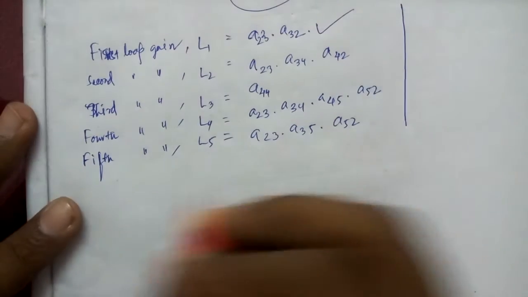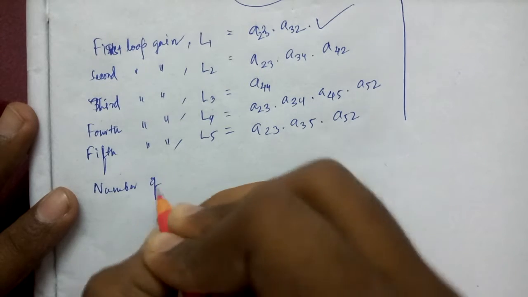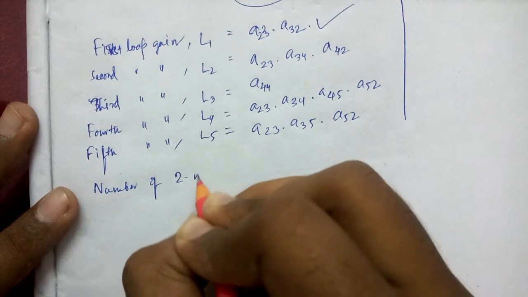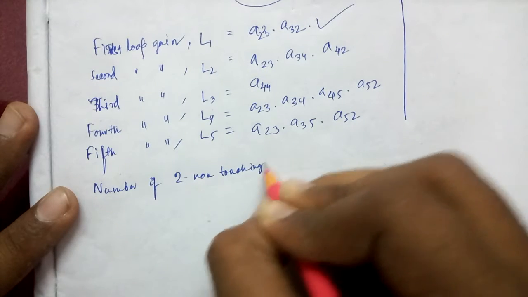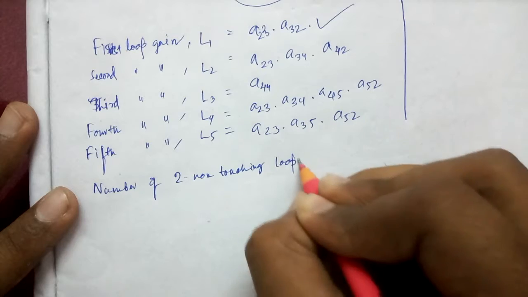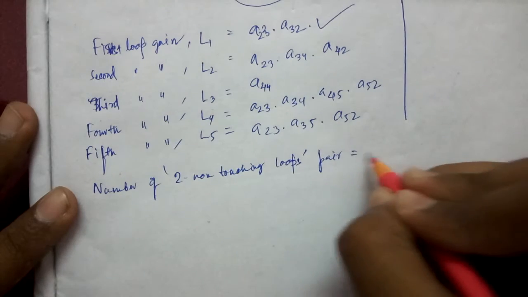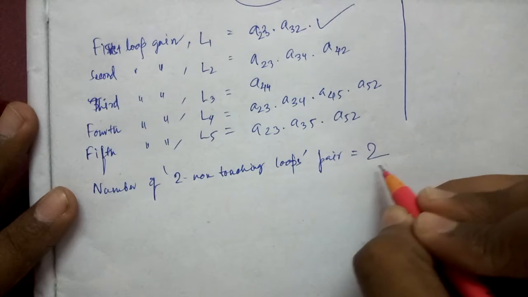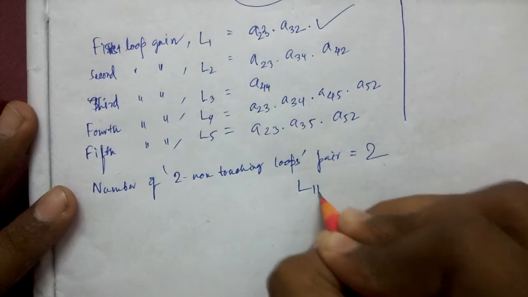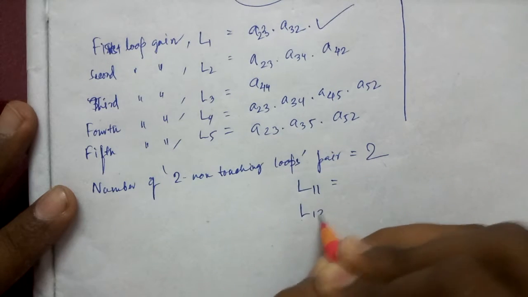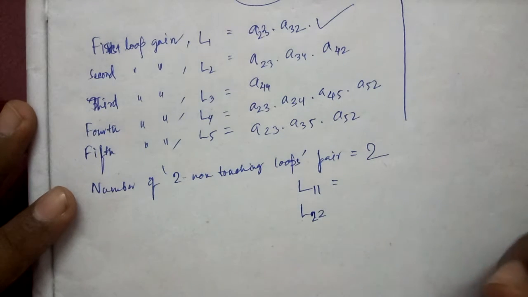Means here the number of two non-touching pairs is 2. So let me calculate that. Let me take one as L11, another one as L12, or you can take it as L22.